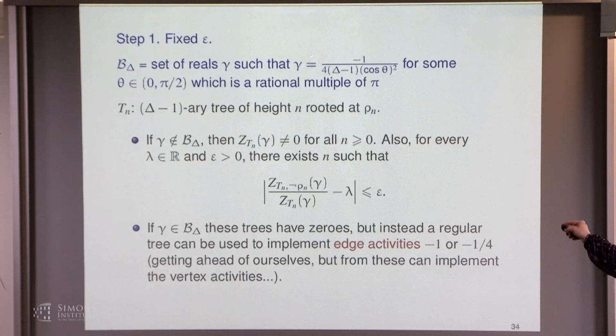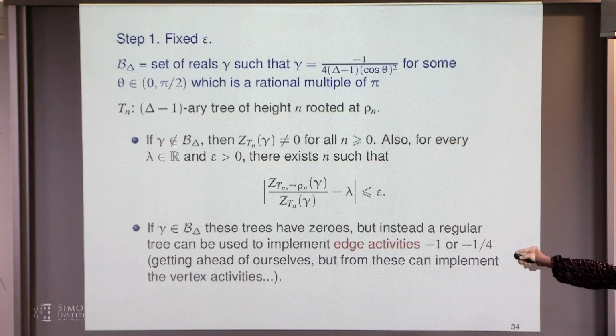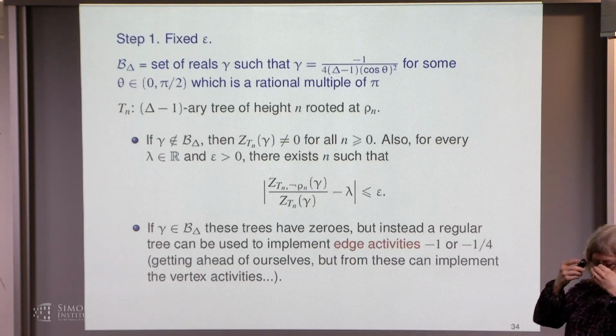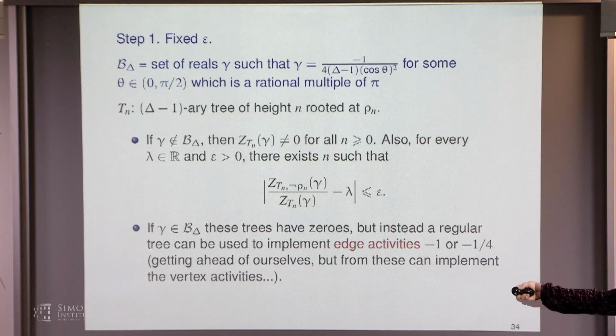It's the set of reals such that gamma is minus 1 over 4 delta minus 1 ... you recognize that, that's where the roots start, cos theta, for some rational multiple of theta. The point is that if you are not in there, then the regular tree polynomial at theta is not zero, but if you're in there, it is, and that's helpful. Okay, so I think I should stop.